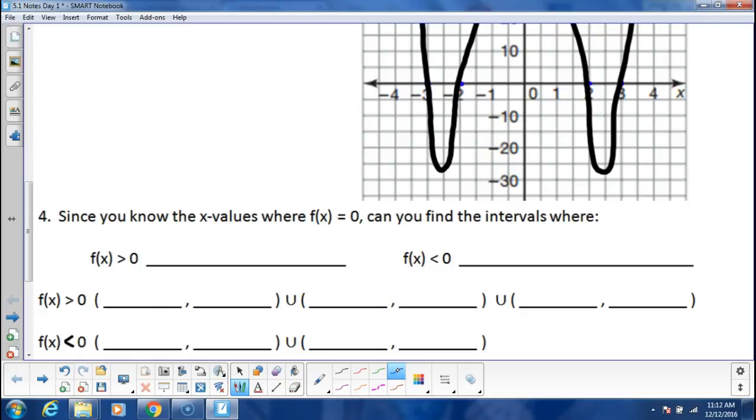My function is greater than 0 when it is above the x-axis. Flip it around. When is my function less than 0 then? When it's below the x-axis.